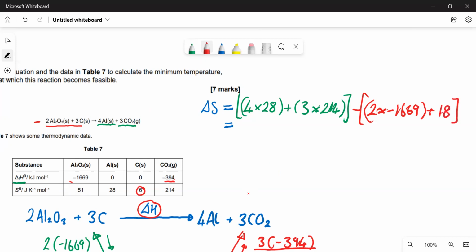So we do all that on our calculator. The green value comes to 754. Subtract the red stuff, that comes to 120.